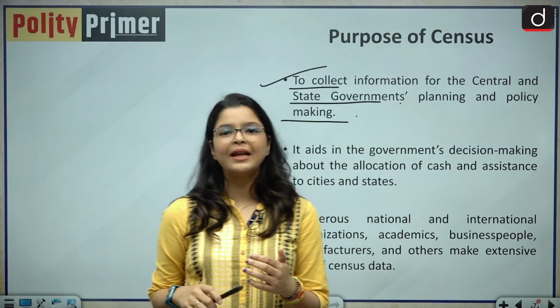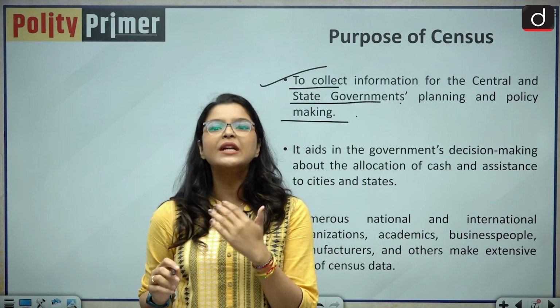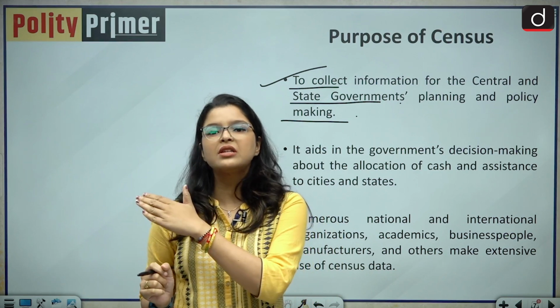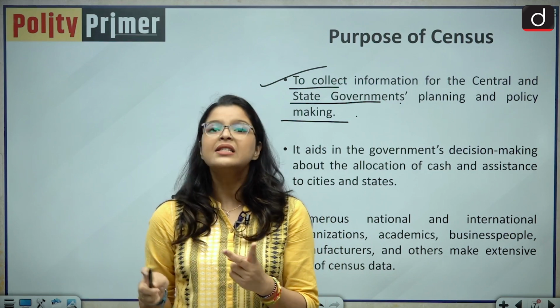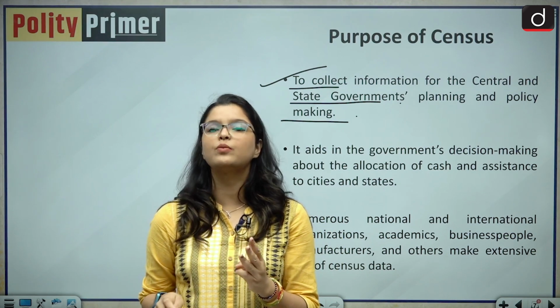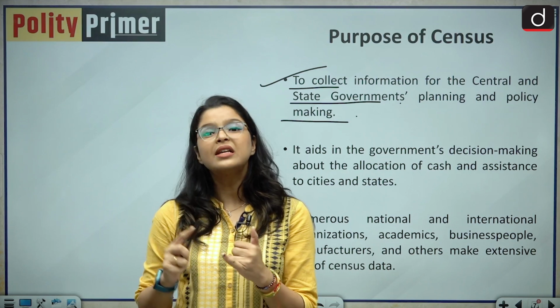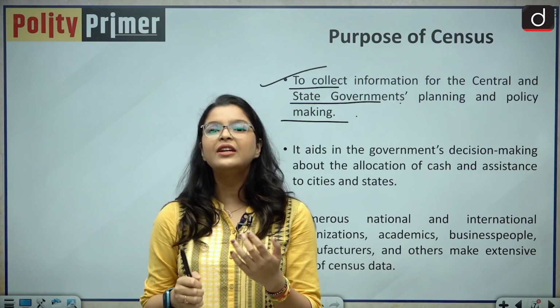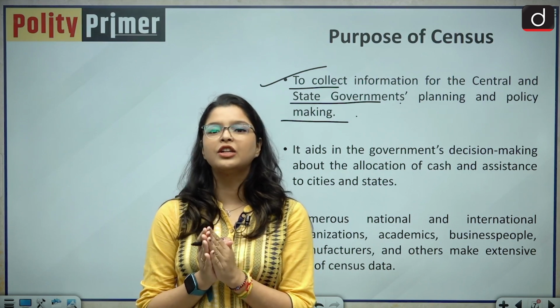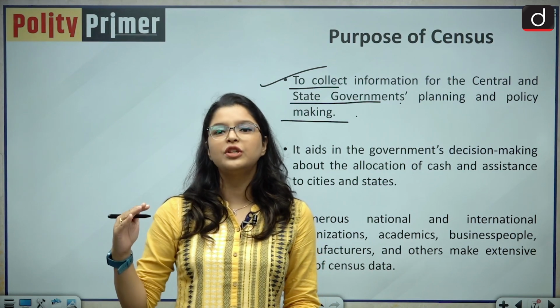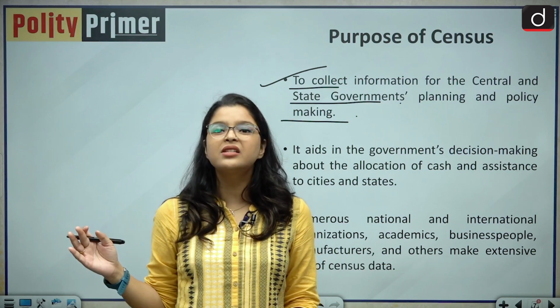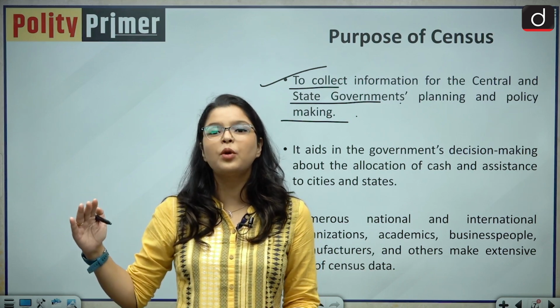Most of the planning and policy making, especially the affirmative action policies of the state and the central government, such as reservation-based policies, public distribution system policies, health policies, and economic grants, everything depends upon the conduct of a census, because then we figure out the population growth, the characteristics of the population, the trends in population.